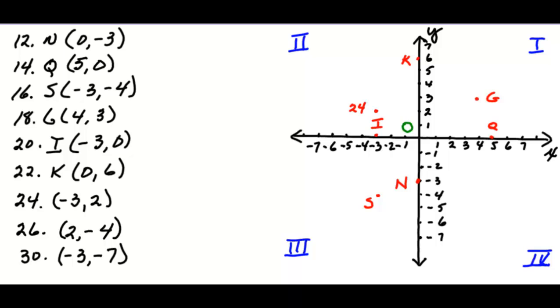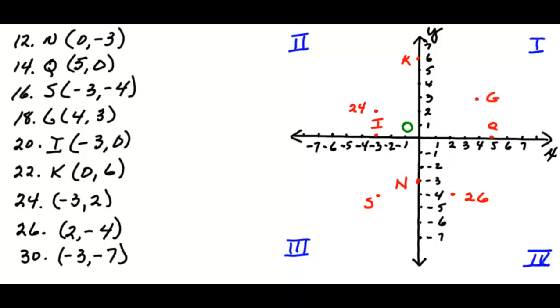In number 26, we're going to the right first because the x is positive. It's a +2, 1, 2. But now we're going down the y-axis below because it's a -4. So we get down 1, 2, 3, 4. It sits right here. That's number 26. And therefore, number 26 happens to be in the 4th quadrant. And finally, in number 30, we're going -3, 1, 2, 3.